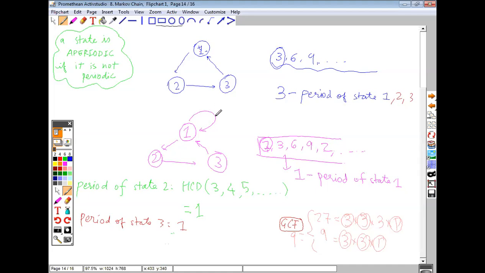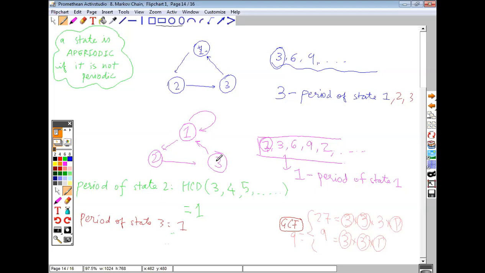And even if one of the states is self-referencing and the chain is irreducible, then you would know that all of these states will have the same periodicity. So 1 we know for sure has a period of 1, and that is why 2 and 3 will also have a period of 1.